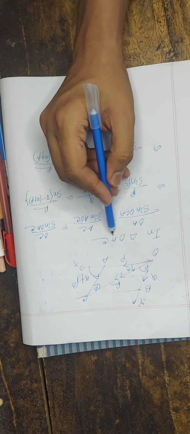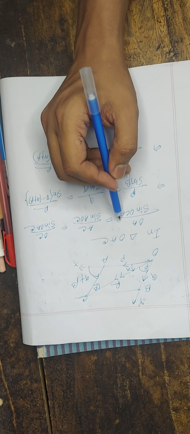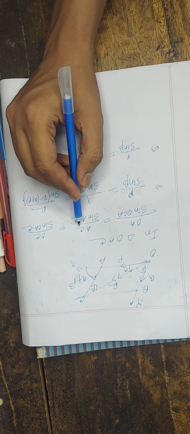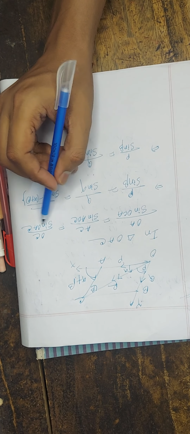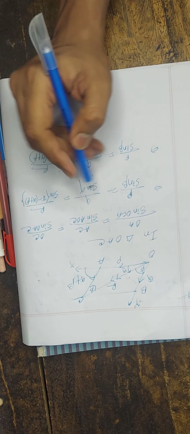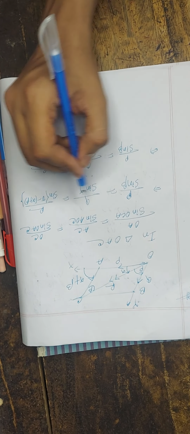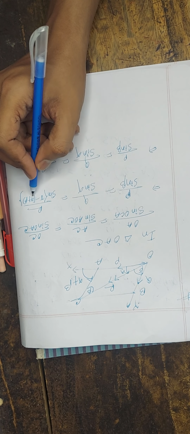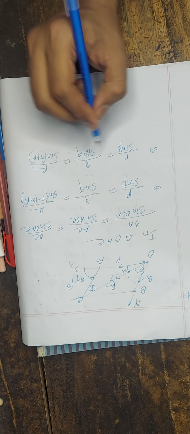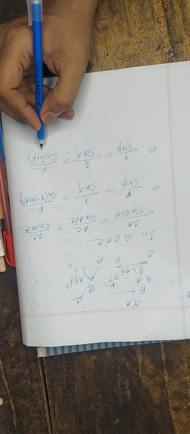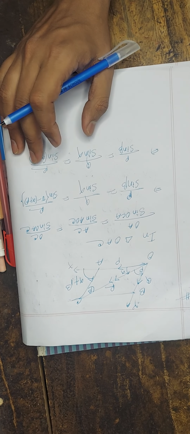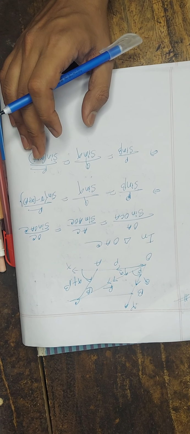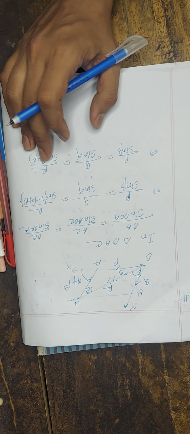If we apply the sine formula in triangle OAC, OA by sine OCA, AC by sine AOC, and OC by sine OAC, so P by sine beta, Q by sine alpha, R by sine of (pi minus alpha plus beta), so P by sine beta, Q by sine alpha, R by sine (alpha plus beta). This is the sine formula we will need when we solve the problems.